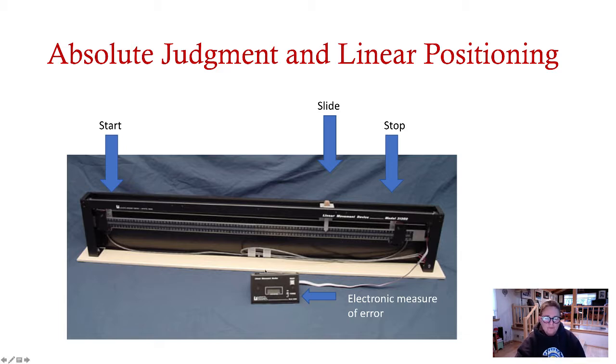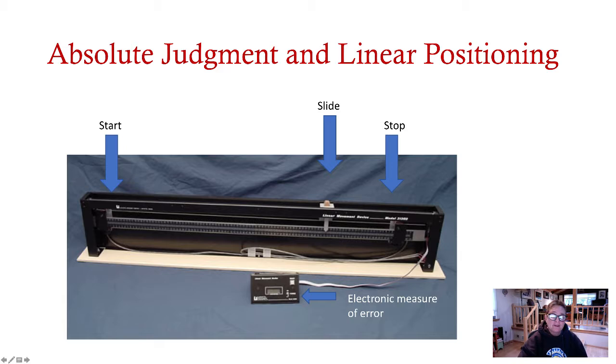You'll notice here that this is an electronic measure of the error. And what is the error? Well, the experimenter moves the subject, the slide, from the start out to the stop. And then the stop is removed. And what happens is the subject is moved back to the start.